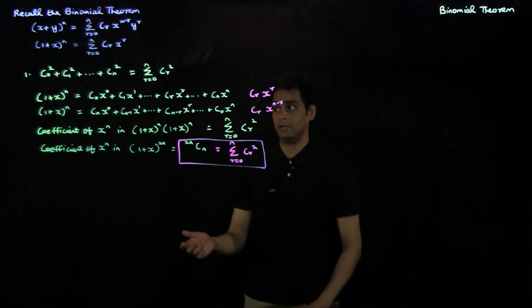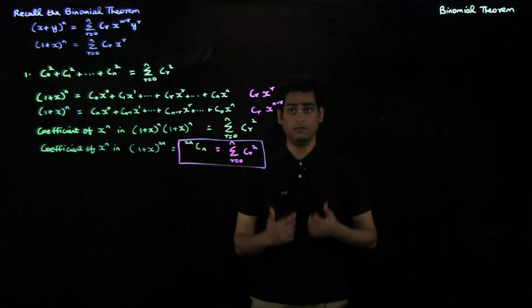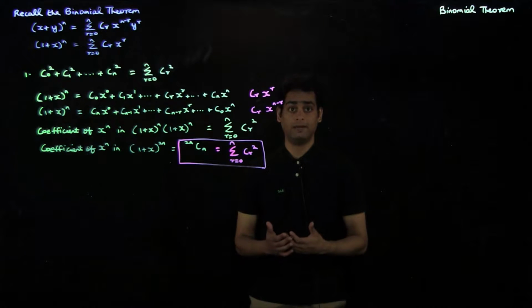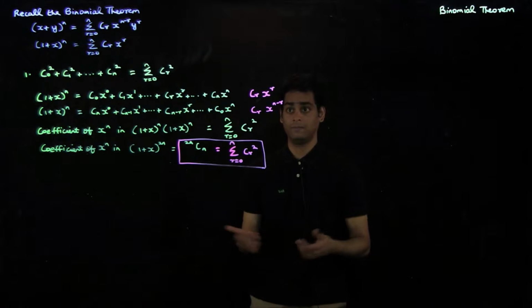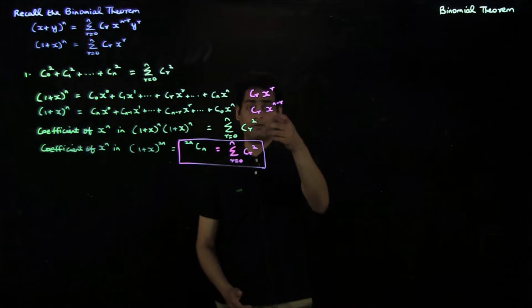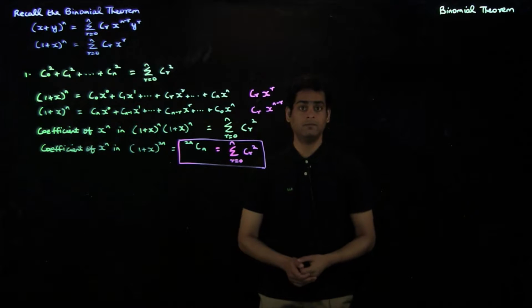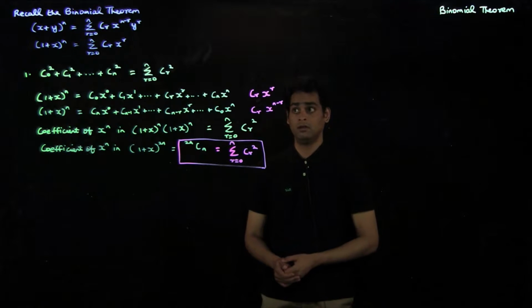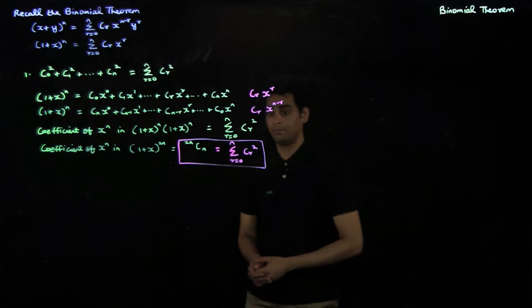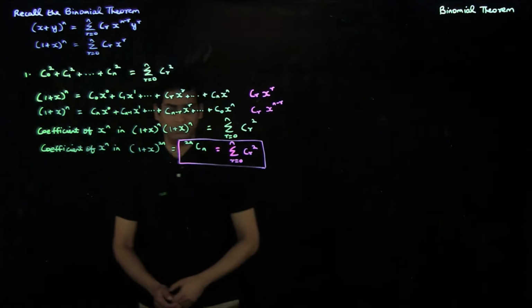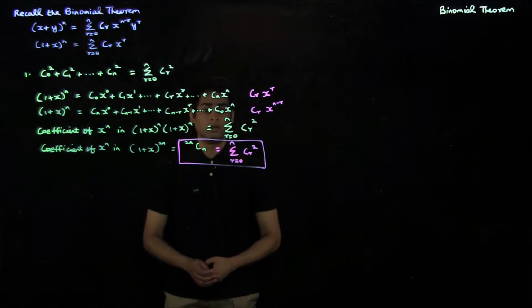So in this case, we multiplied 1 plus x to the whole power n with itself, and we wrote 1 plus x to the whole power n in two different ways, and we looked at the coefficient of x power n in the resulting expansion to evaluate summation cr square. And the final result is that summation cr square is 2n Cn.